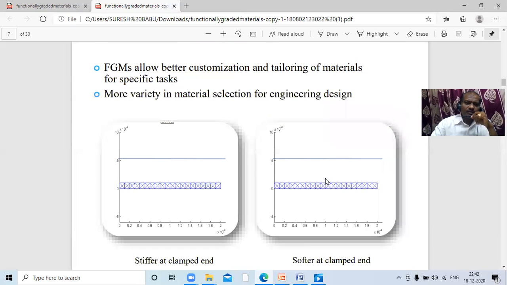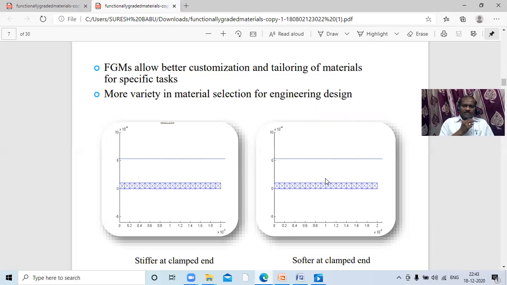Next, FGM allows better customization and tailoring of materials for specific tasks, with more variety in material selection for engineering design. If you observe the example below, stiffer at the clamped end, softer at the other end.